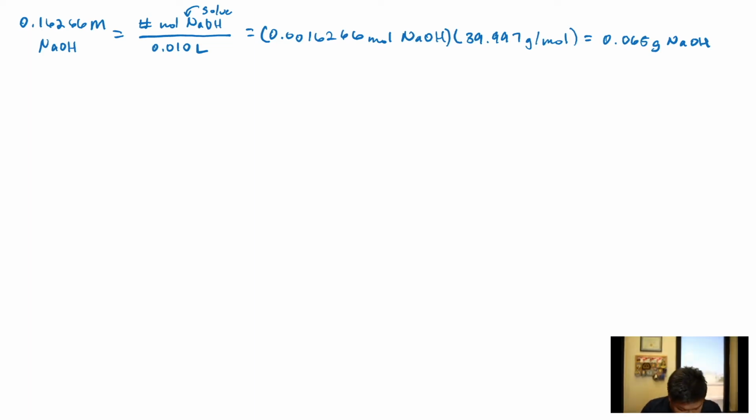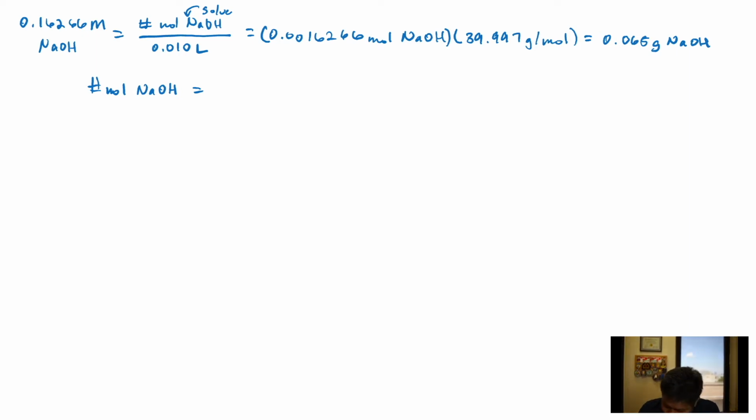Okay, so number of moles of NaOH equals, and it feels like you're going backwards and forwards, but we're just writing all this out individually so you know the steps.